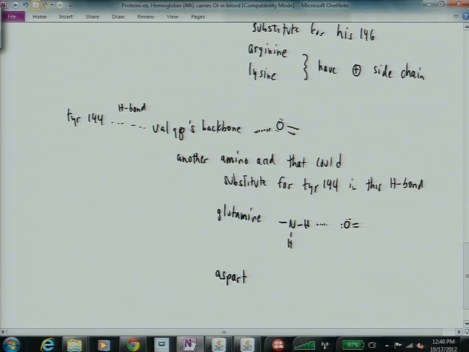acid, at its end, it's got CO with its bunch of lone pairs and an O minus, right? And you're trying to make a hydrogen bond with this. What you've got is this is an H bond acceptor, and this is an acceptor.